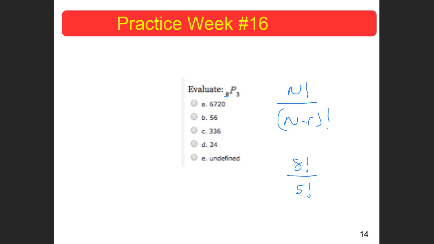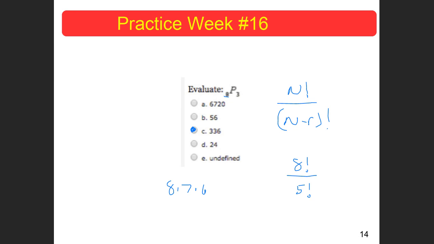If I multiply this out, it's going to be 8 times 7 times 6, because the 5 factorial, they all just cross off afterwards. So 8 times 7 times 6 is letter C, 336. Awesome.